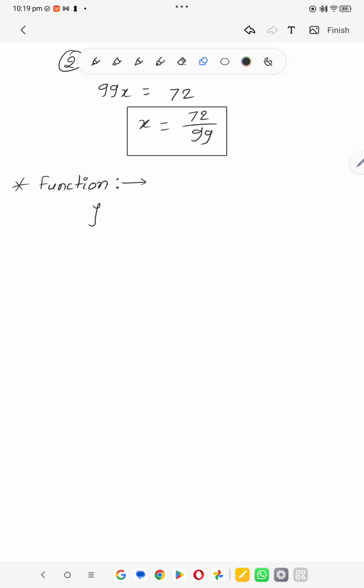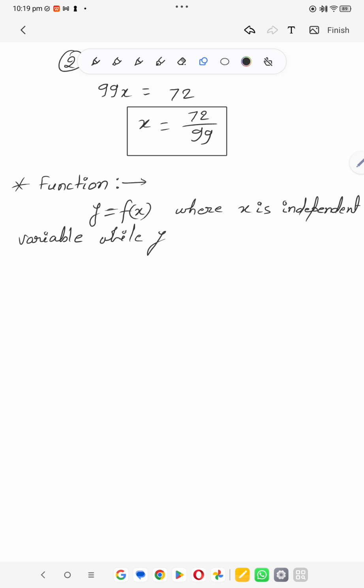If y equals, as we know, we write it like that, f of x, where x is the independent variable while y is the dependent variable.